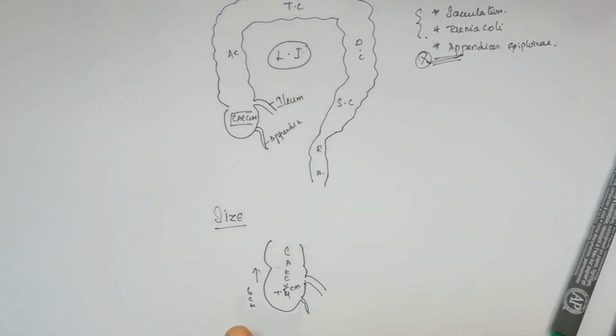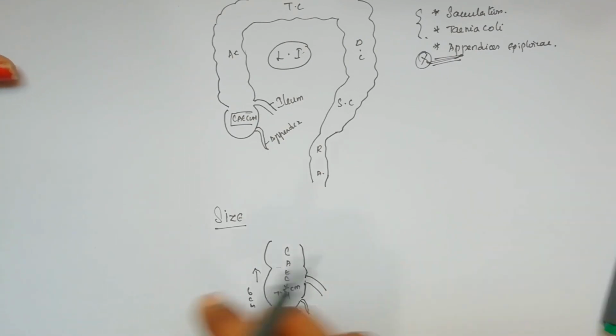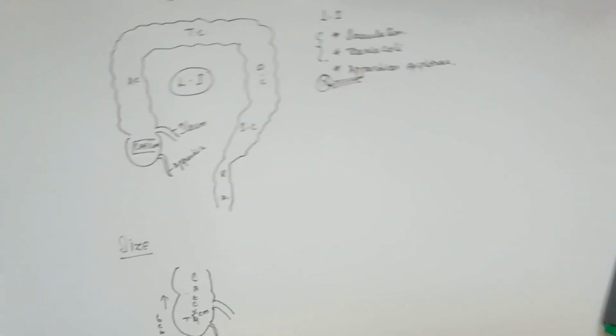So this is a variation seen only in some of the organs, that is the length is lesser than the breadth. So length is 6 cm and the breadth is 7.5 cm. This is an important feature we have to remember. And then we will go on to the shape, that is the anatomical shape, and how it differs for this cecum.